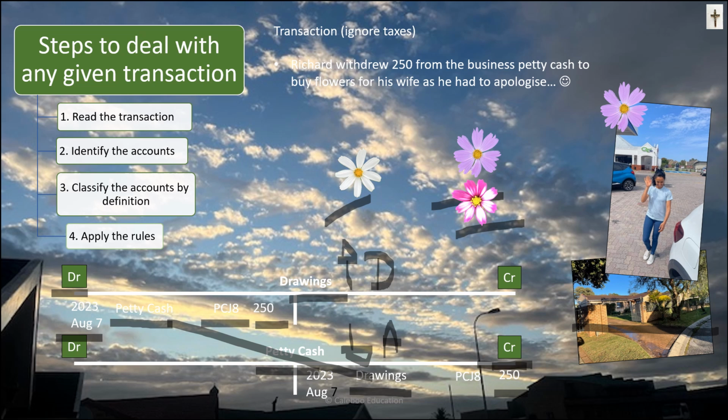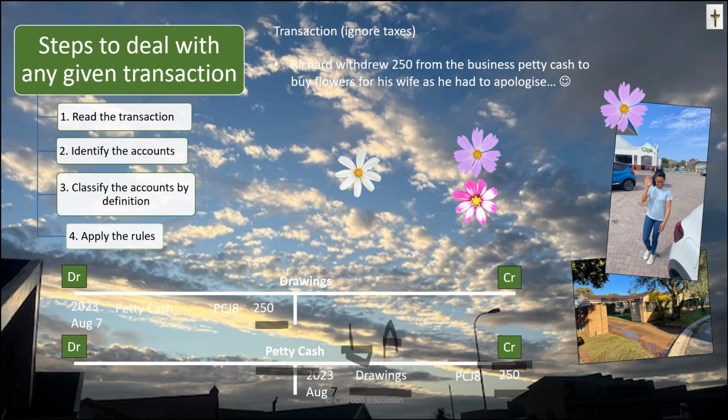So I'll rub it out and leave the nice, neatly typed out answer to that transaction, where the owner, Richard, withdrew 250 Rand from petty cash to buy flowers for his wife. There's the answer. So we're getting better at this, and we are understanding and applying the rules, why an account is debited and why an account is credited.